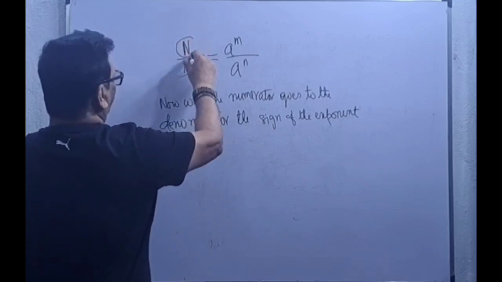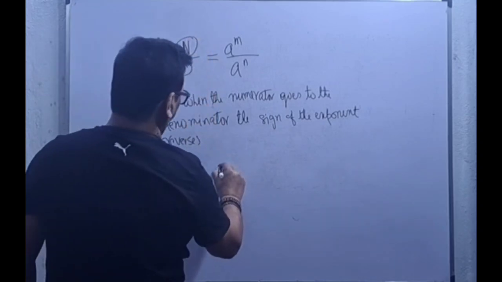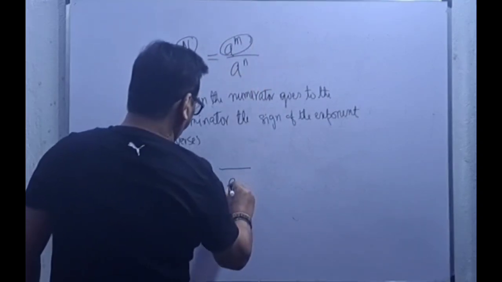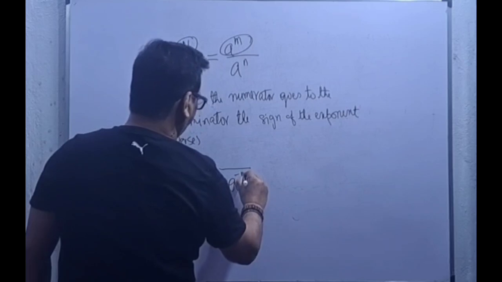Like here, the numerator goes to the denominator, right? So it was a to the power of m. It becomes a to the power of minus m, correct?